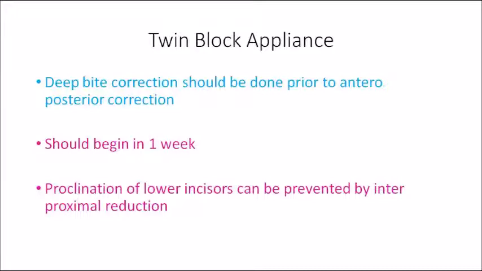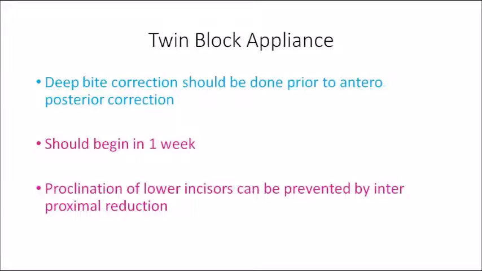Now, if you are giving a twin block appliance and the patient has both excessive overjet as well as deep bite, we always go for the correction of the deep bite prior to the correction of the excessive overjet. So, bite before jet, that is the principle that we follow in case of a twin block appliance. We always go for the correction of the deep bite prior to the anteroposterior discrepancies. And once you place the appliance, the recall is done within 1 week.